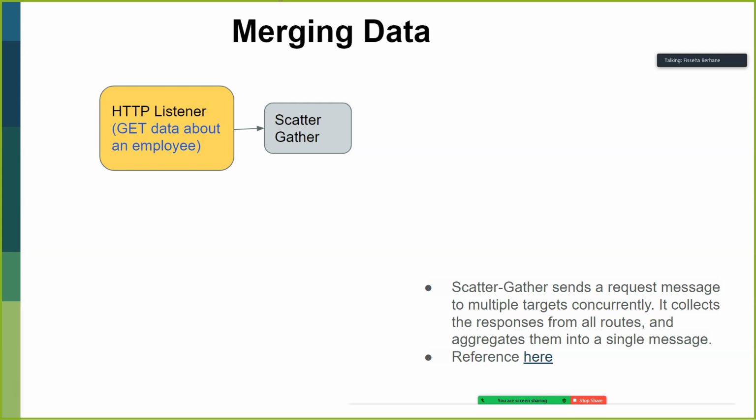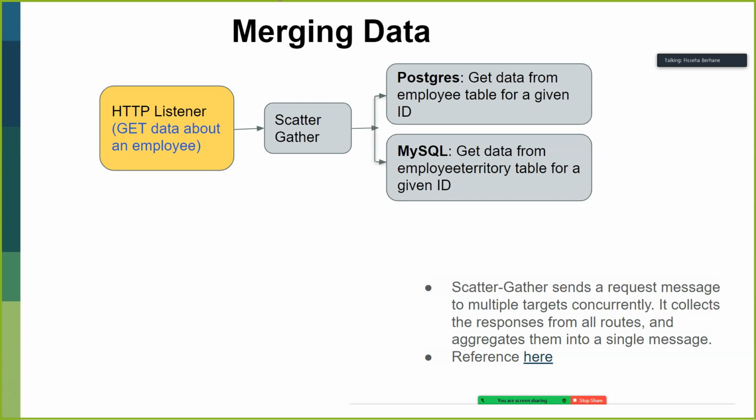Then this employee ID, we can save it as a variable, or since it is a simple example, we can pass it also as attributes.uriParams.employeeID, or from the variable also. Then we have a scatter gather. The scatter gather is going to send the request to both Postgres and MySQL.